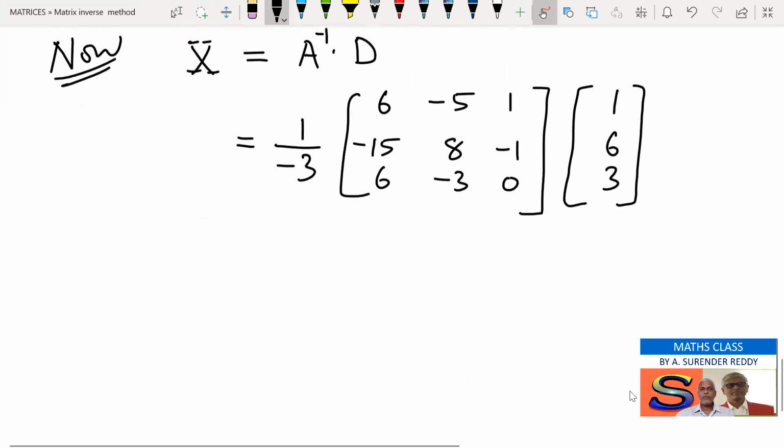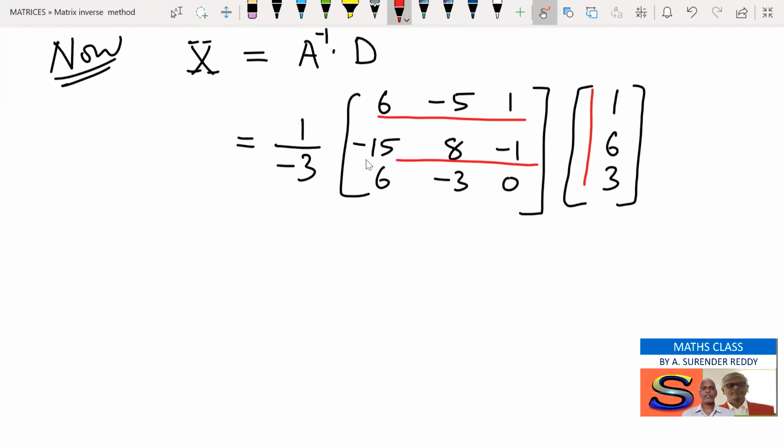Now this will give the solution. We know how to multiply matrices: rows with columns. So this is R1, this is R2, this is R3, and this is C1.